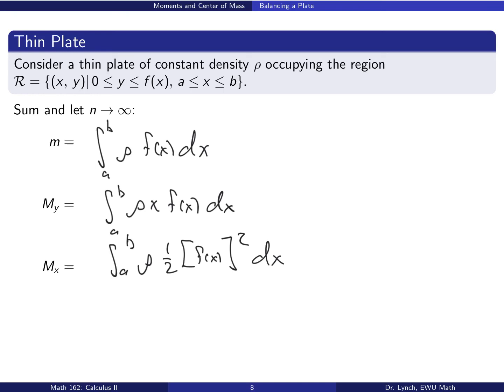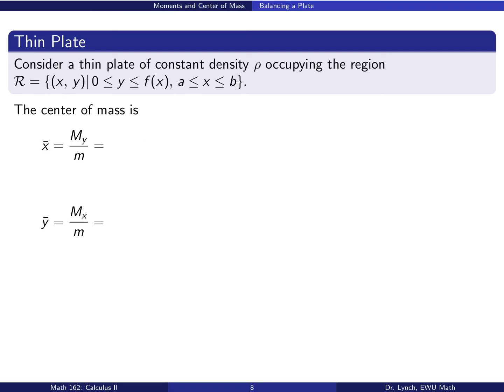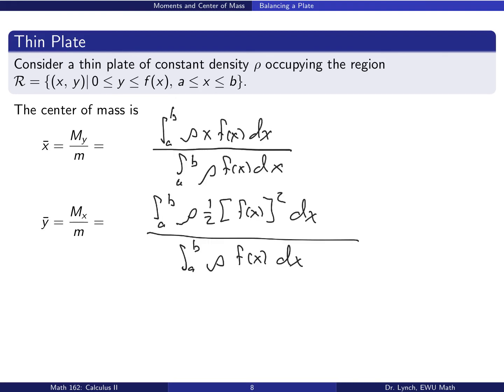We get the moment about the y-axis by thinking about the mass times the x coordinate in the sum. This becomes an integral. And similarly for the y coordinates, the moment about the x-axis. Once again, the center of mass is just the sum of the moments over the sum of the masses.